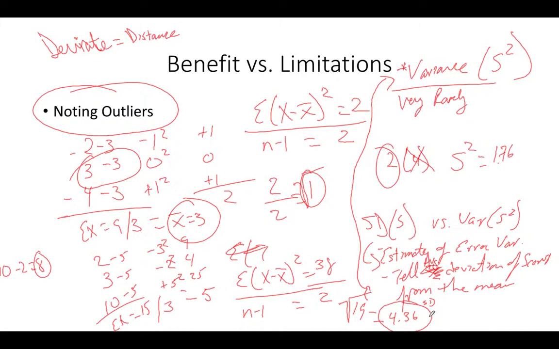In this particular example, there's more distance from our scores to the mean than there was in the previous example, because of the outlier. That's why it's important to note those outliers, because outliers are going to be dragging my standard deviation in a general direction, either higher or lower, because they absolutely do have an effect. Remember that standard deviation is an average, and the average is easily affected by outliers.